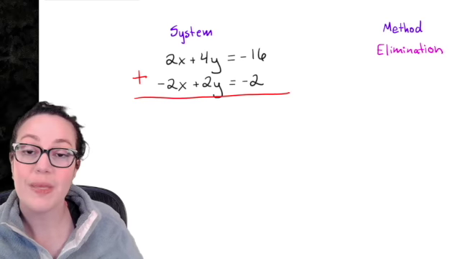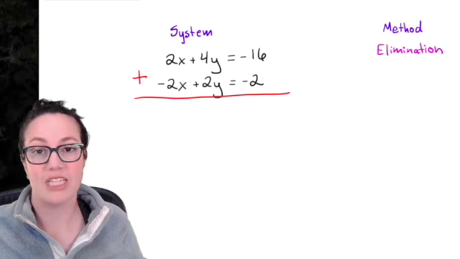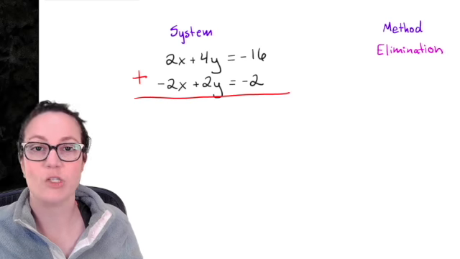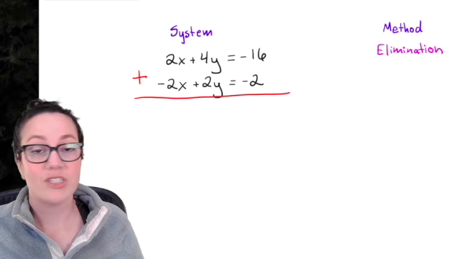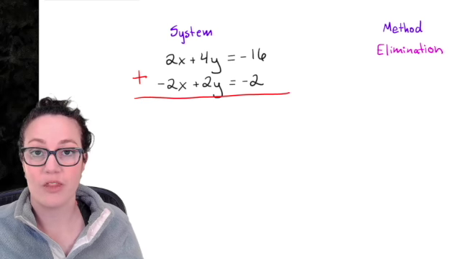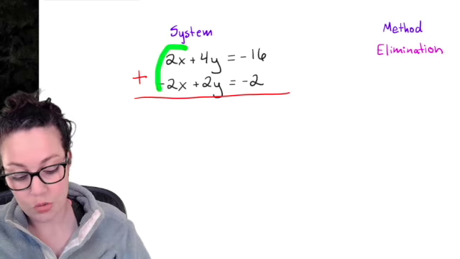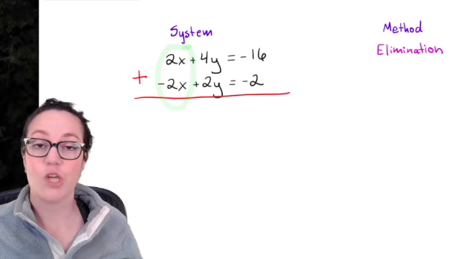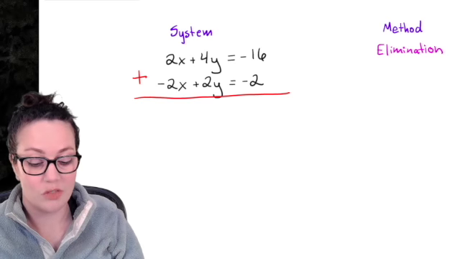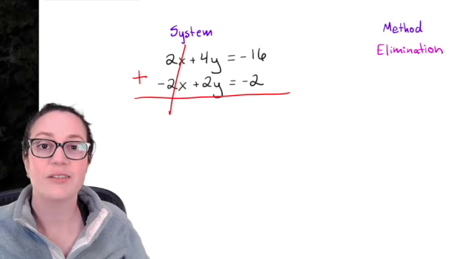Then I'm going to draw a big line underneath. Again, it looks like a kind of strange version of the addition we learned many years ago. Then we just add the like terms together. So 2x plus negative 2x, those cancel each other out. They're opposites, so x's are eliminated.